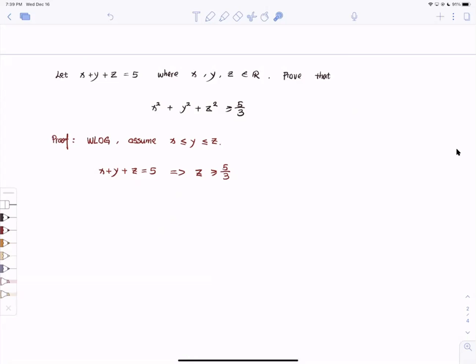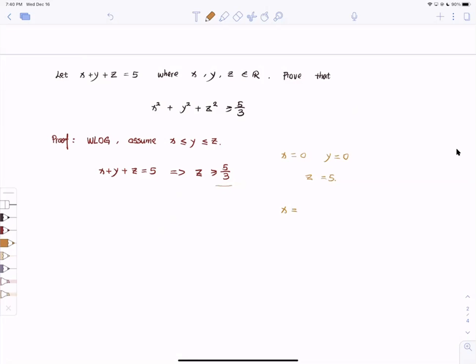How do I say this? Okay, let's say this. It's not a formal proof, but this might make you understand it better. Let's say x and y are 0. Then your z is going to be 5, which is greater than this. Let's make x as big as possible.